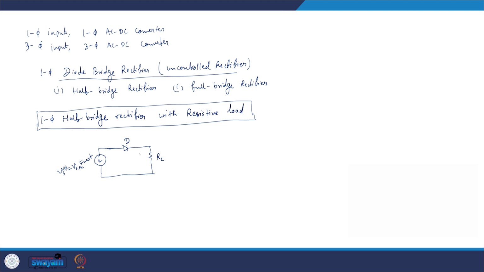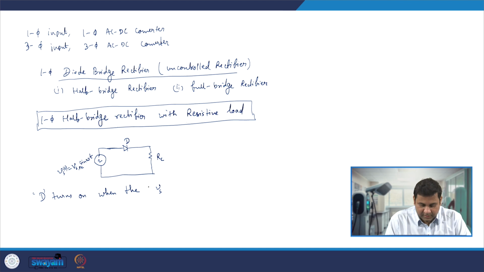Now, if you consider this particular circuit, the diode D turns on when Vs of t, or interchangeably I will be writing small vs, is in the positive half cycle.